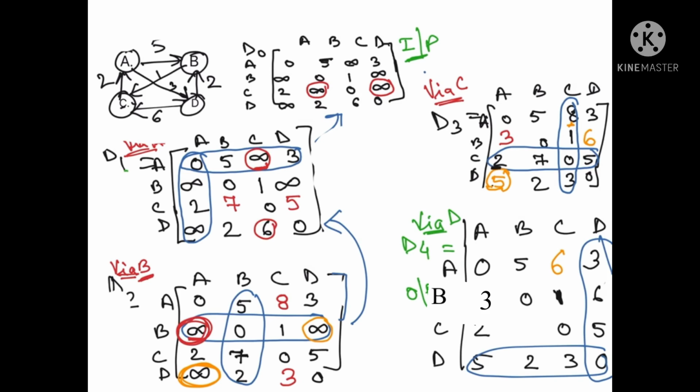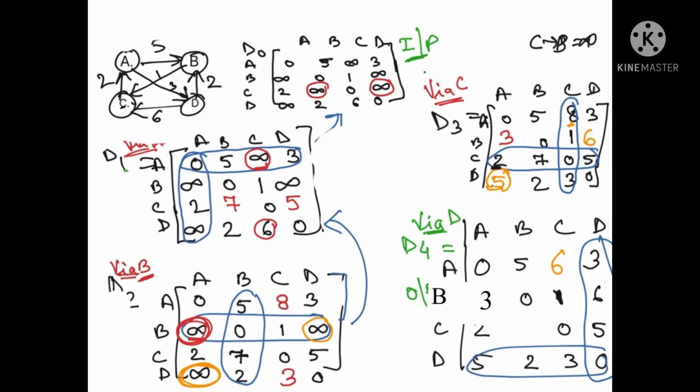Now C to B. C to B is infinity. The other one is C to D and D to B, so obviously this will not work.